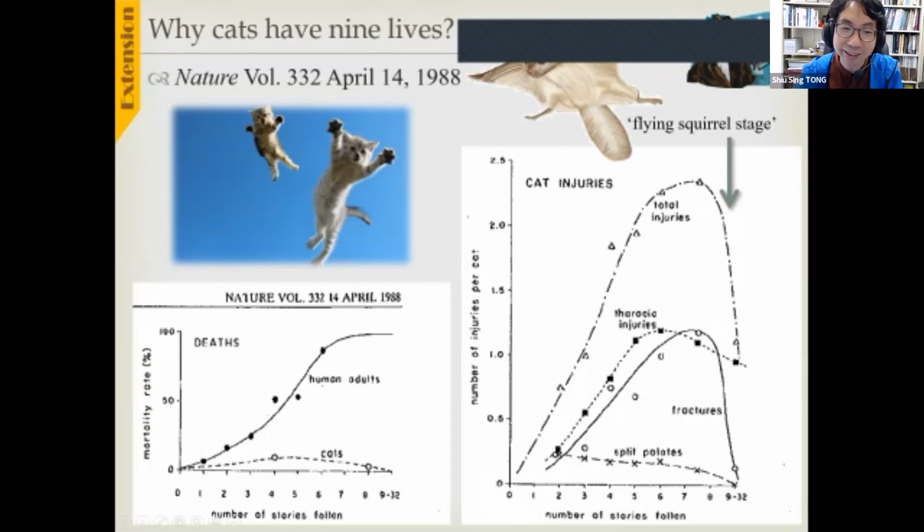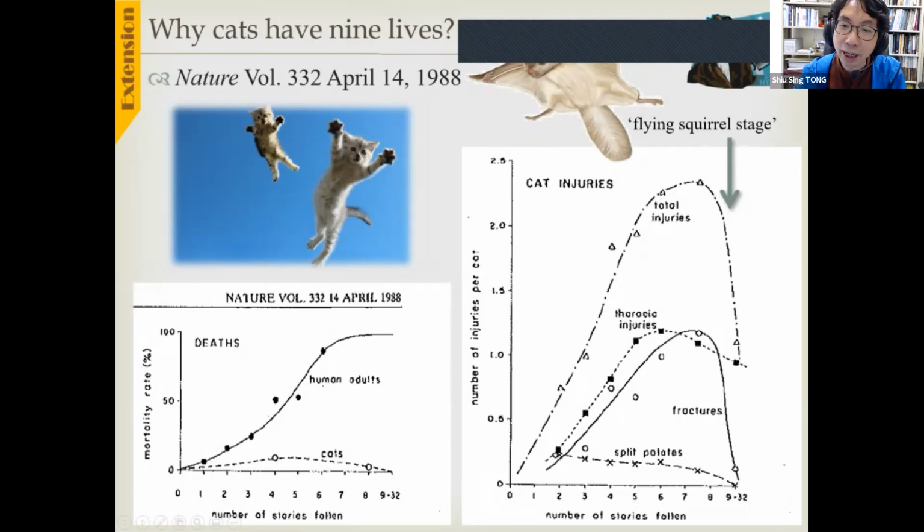But if you look at the cats, then the chance of dying is actually much smaller. Of course, when a cat falls from a great height, it gets injured. This is a cat injury rate given by some statistics. But you can see that even though it gets injured, it will not be fatal.